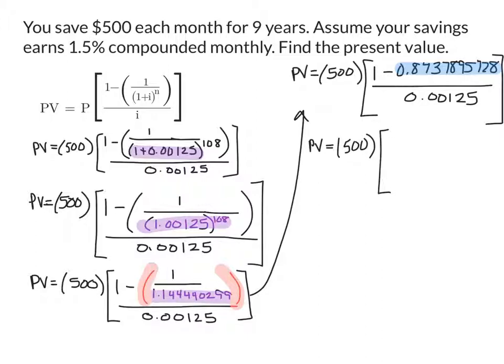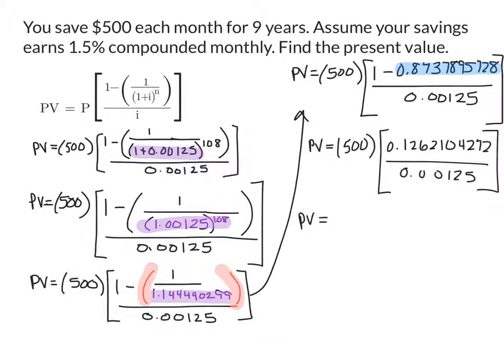So 1 minus that decimal will give you a value of 0.1262104272. And then you're going to divide by 0.00125. Now you can keep that number in your calculator and put the division sign and then 0.00125.